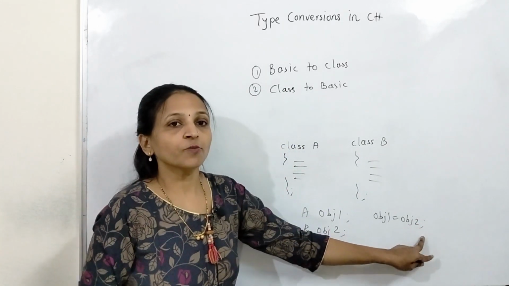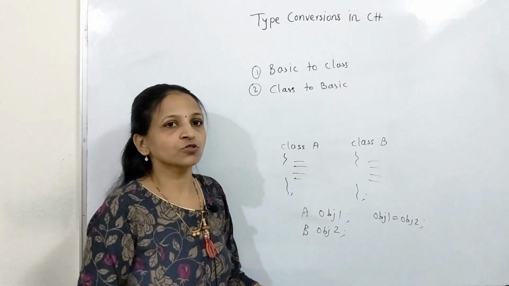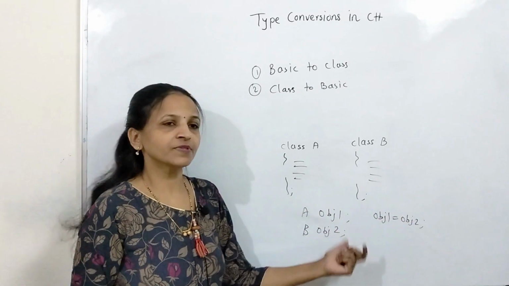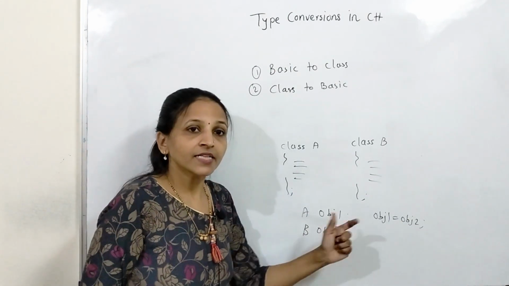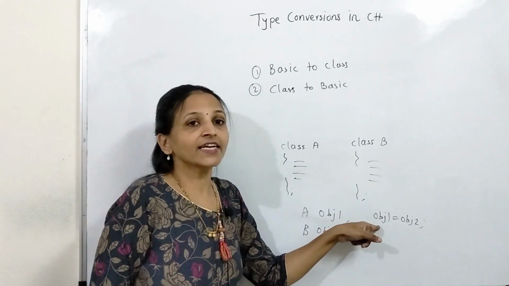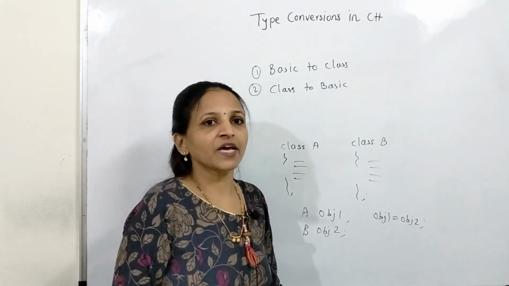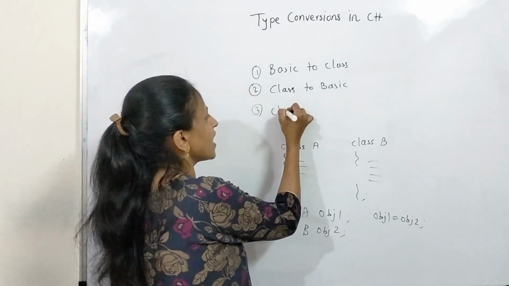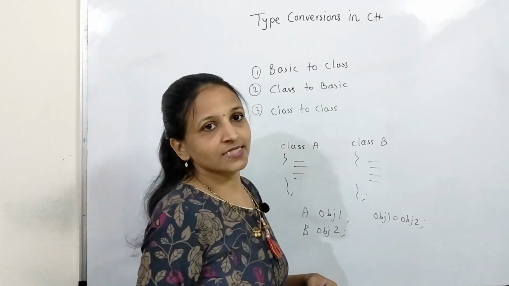If obj1 and obj2 are both of the same class, then type conversion is not needed. But here obj2 is of type B, which should be converted to A type so that this statement will get executed, and that type of conversion comes under class to class, meaning one class to another class.